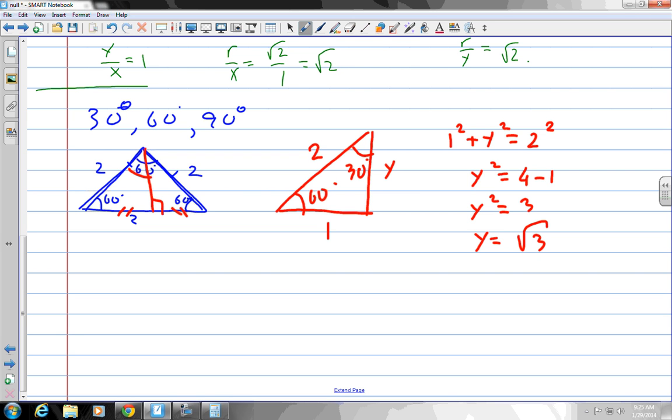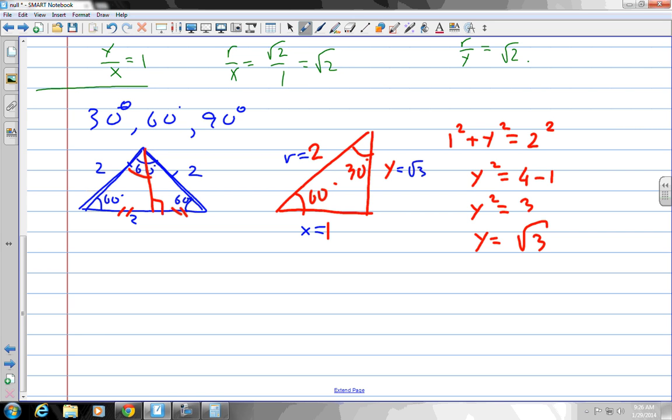You don't need plus or minus because it's a length, it cannot be negative. So this side is square root of 3. Then, as before, I'm going to call the bottom side x. Horizontal is x, vertical is y, and the hypotenuse I'm going to call r. Then I can get all those ratios again.